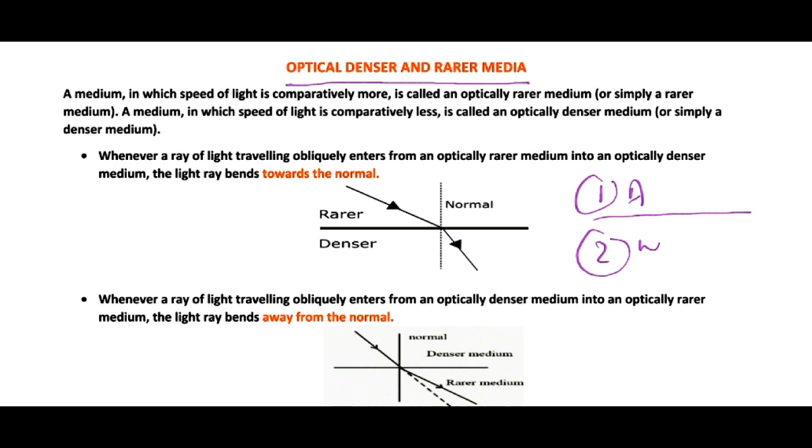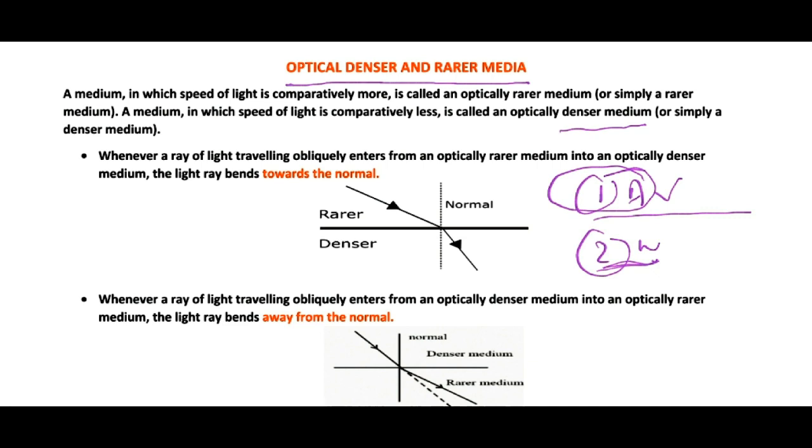Now if the speed of light in medium 1 is greater as compared to the speed of light in medium 2, then we can say this medium 1 is optically rarer. And the medium in which the speed of light is comparatively less as compared to the other one, that is optically denser medium.